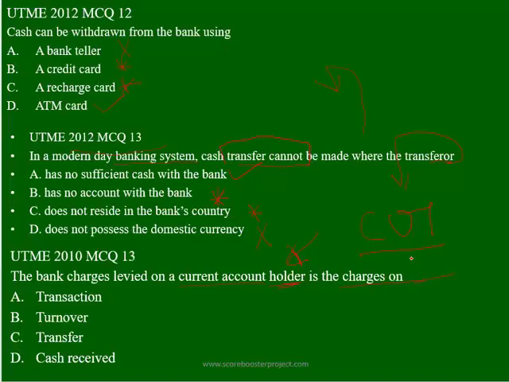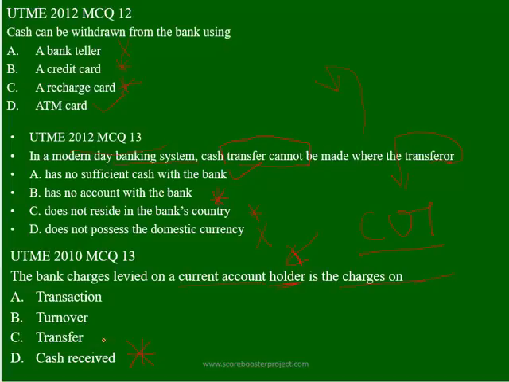So please, as a student at this level, we need to be very, very specific. You know, COT, we have charges on transaction, charges on turnover, on transfer, on cash received.